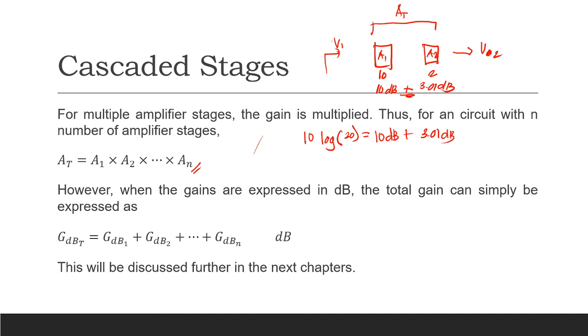Kasi, log 10 is 10 dB and log 2 is 3.01 dB. So, ang kalabasan niyan, class, is 13.01 dB. Kapag pinindot nyo to sa calcu, ang lalabas din dyan is 13.01 dB. So, kapag pala nag-increase ka ng 20 times, equivalent yon sa increase of 13.01 dB. So, yun yung decibel value.